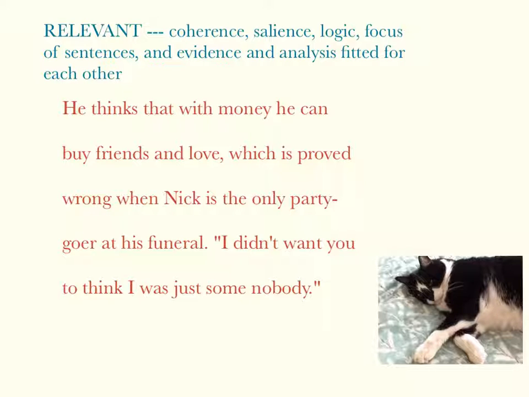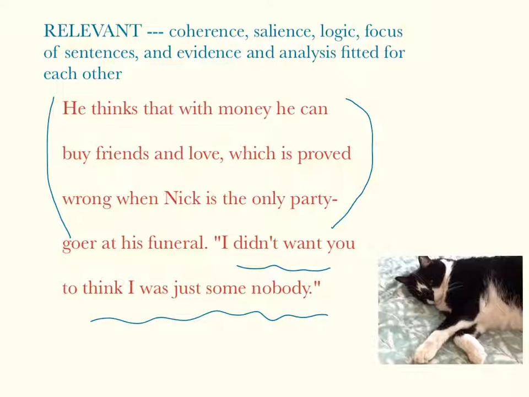And welcome back. So he thinks that with money he can buy friends and love, which is proved wrong when Nick is the only party goer at his funeral. So this introductory analysis doesn't clearly yet relate to I didn't want you to think I was just some nobody. As it turns out, Gatsby says this to Daisy, and he doesn't want Daisy to think he's some nobody.